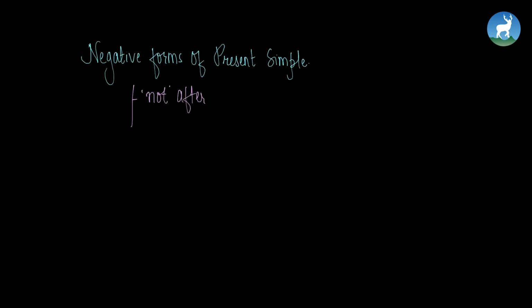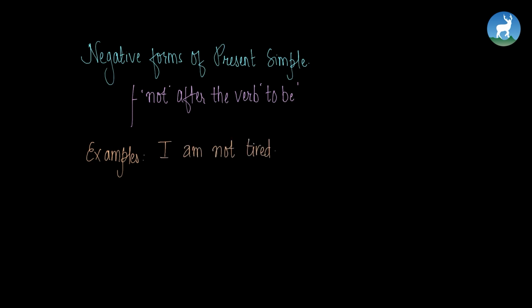Now let's go on to learn about negative forms of present simple or the state of being. So, to form the negative in the present simple tense for the state of being, we use not after the verb to be. Let's take some examples. I am not tired. So we used not after am to form this sentence into a negative.